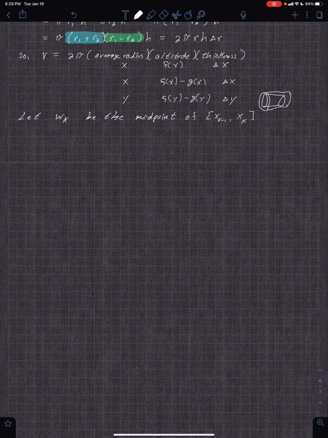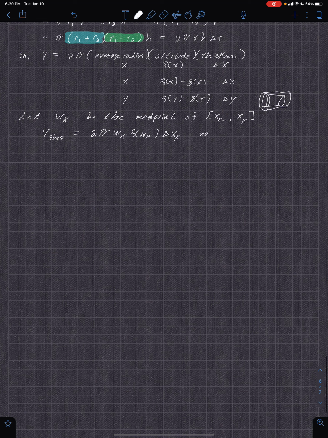Well, if it's arbitrary, you can make it whatever you want, and it still works because it works for anything. So if we make it specific, that's okay. That's what we're doing here. Let W sub k be the midpoint of that. So the volume of the shell is equal to 2 pi W sub k, f of W sub k, delta x sub k. That's what you need for the Riemann sum. Then you add those up.